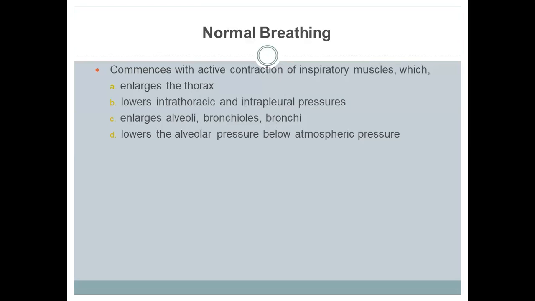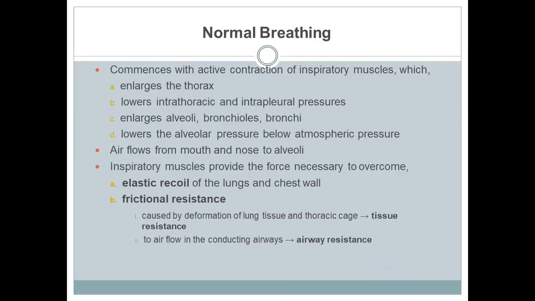And as the volume is more, it lowers the alveolar pressure below the atmospheric pressure. So that is the first change which occurs in normal breathing. Due to these pressure changes, the air flows from the mouth and nose to the alveoli.